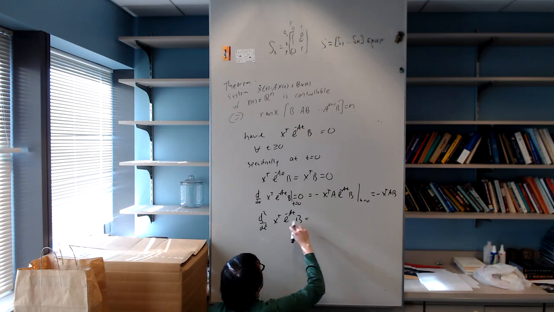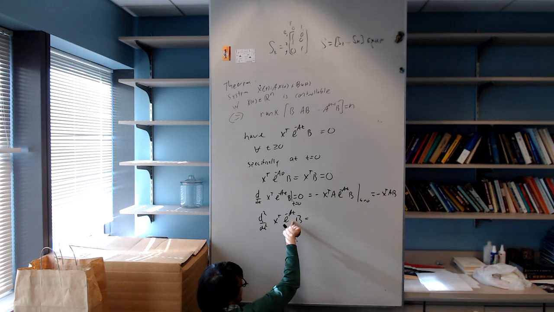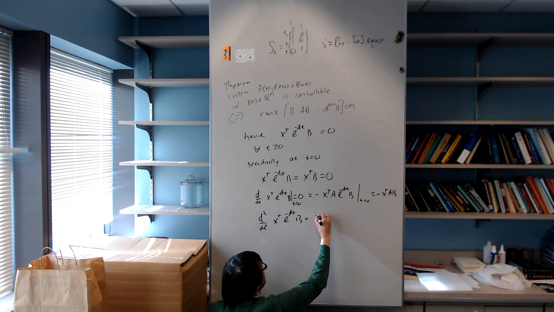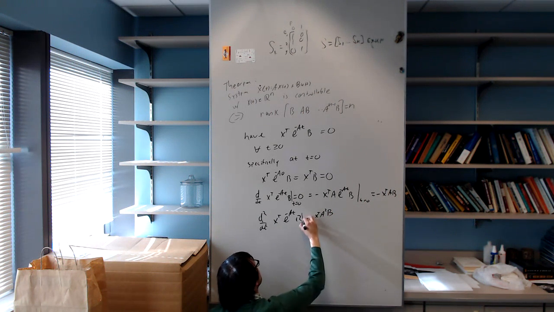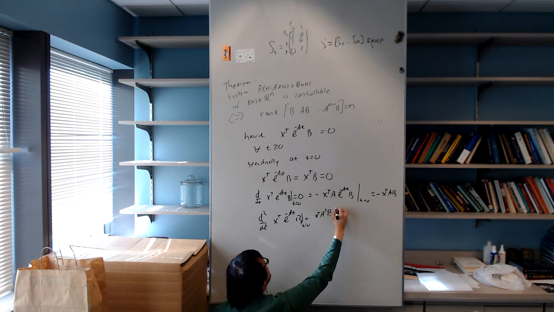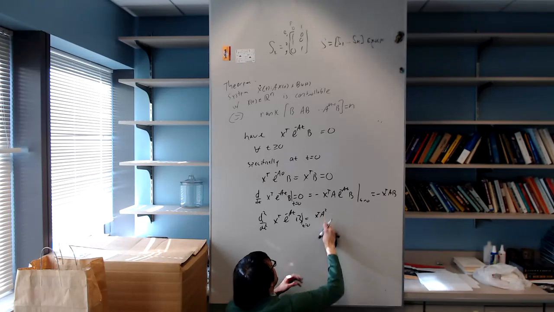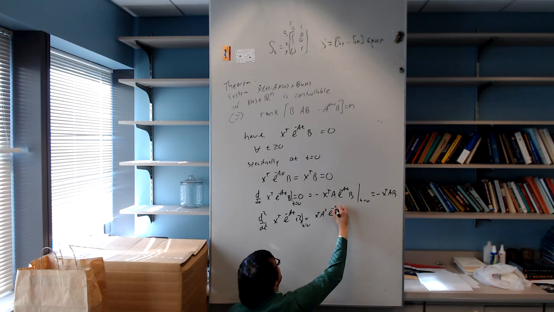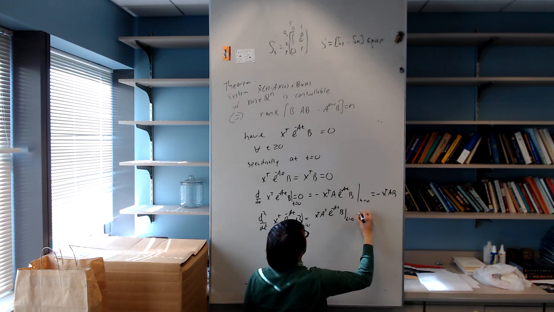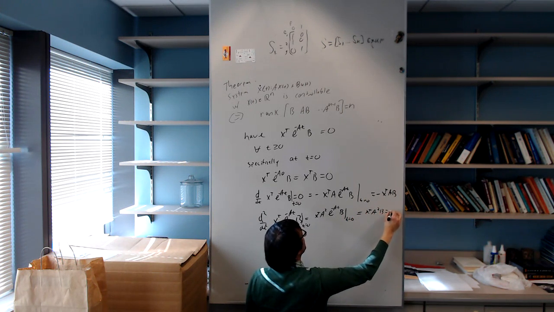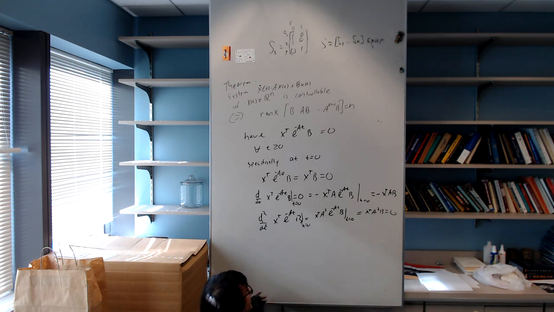So if we take the derivative of this thing twice, we're just going to get left with x transpose a squared b e to the minus at b, evaluated at t equals 0. It's x transpose a squared b equals 0. And we can just continue on in this fashion.